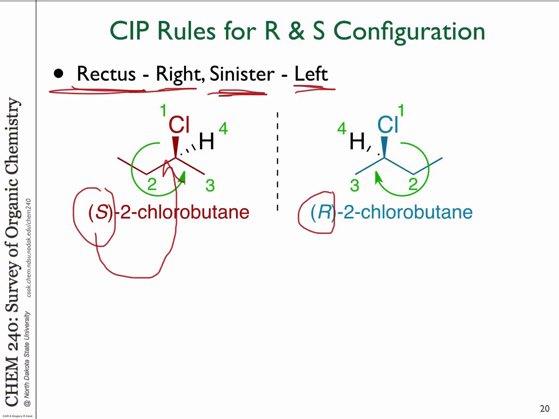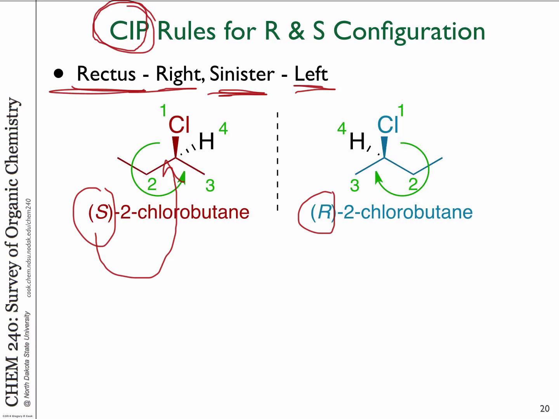So I want to go through this with you. The way we prioritize groups we've seen before, it's exactly the same as how we prioritized groups for determining E and Z on a double bond which has 4 different groups on it.